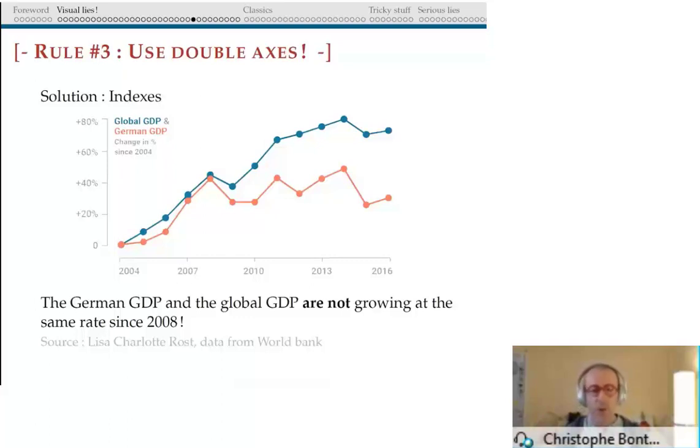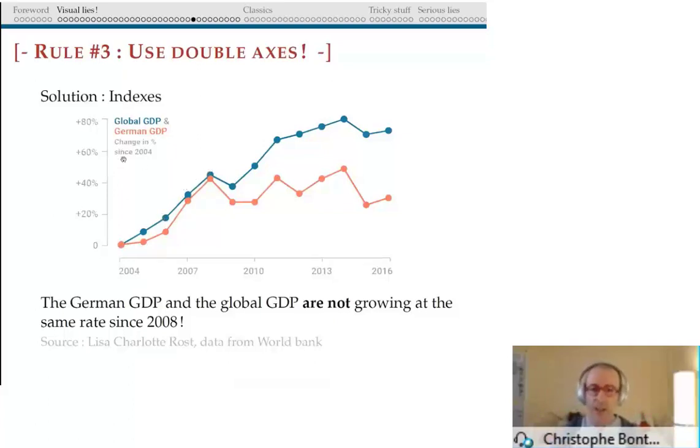Indexes have their drawbacks too, and people may not understand that so easily. But here you really compare the evolution over time, starting from this point, and this is clearly written here, when you start. And then you have an answer that is less misleading.